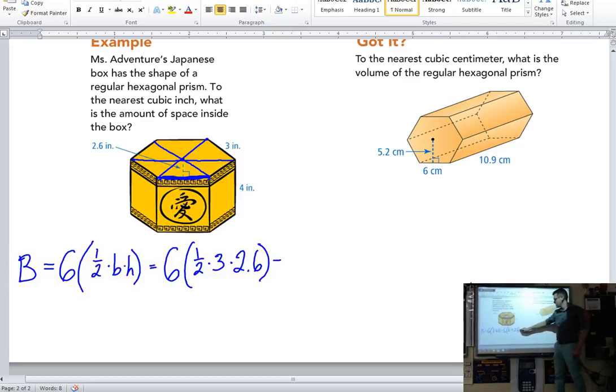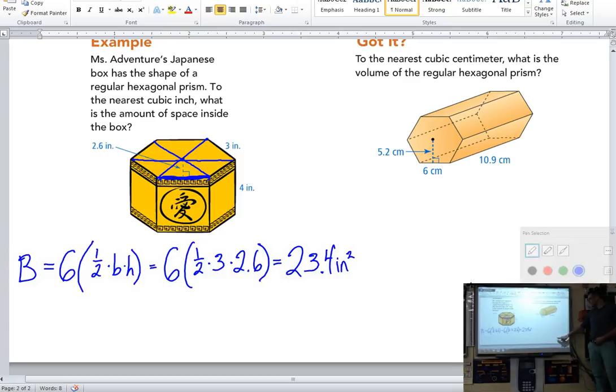And half of 2.6 gives me 1.3, times 3 gives me 3.9, then times 6, anyone got it? 23.4, okay, I thought you said 0.5, sorry. And that's inches squared right now because that's our base area.